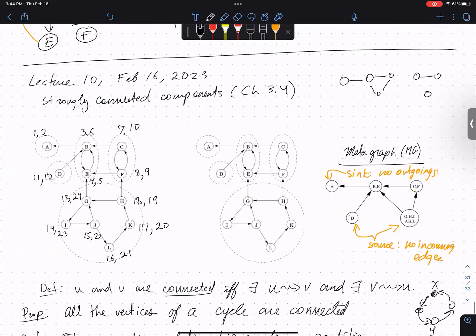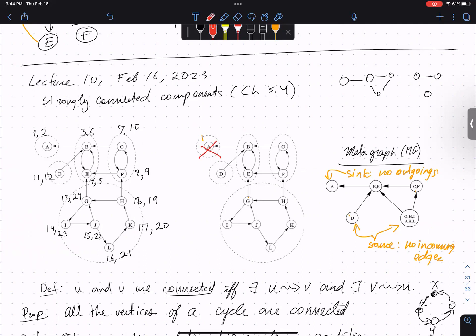So here, let's say we run it and we put a 1. We ran from A, we explored everything from there, we marked it with 1. And now let's remove A from the graph.